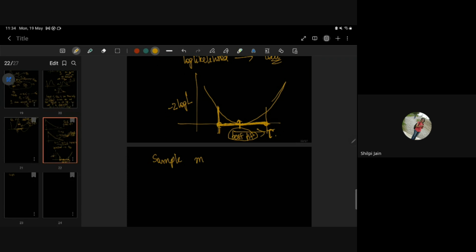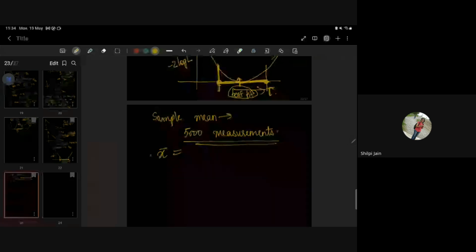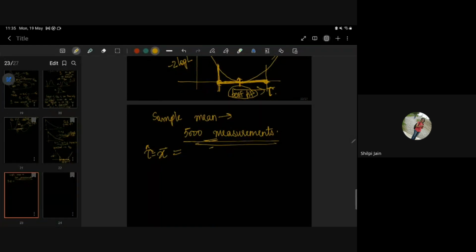In fact, we had an exercise related to it last time on Friday. So if you have 5,000 measurements, then you can take a sample mean of it, or tau hat, of all these measurements.